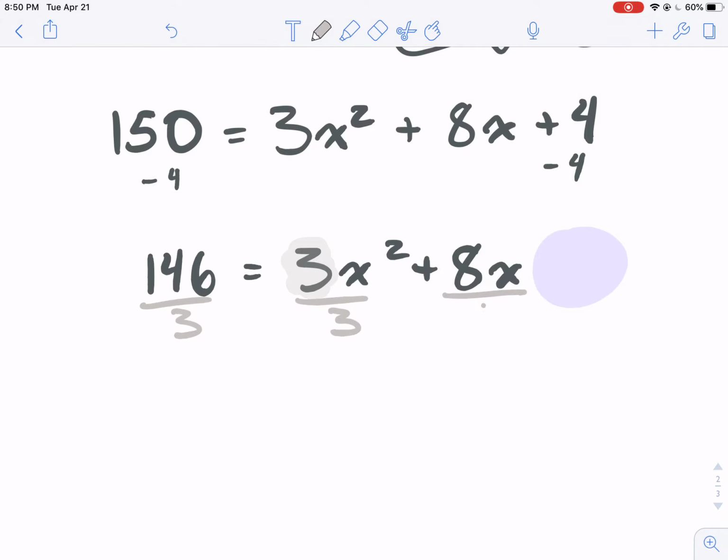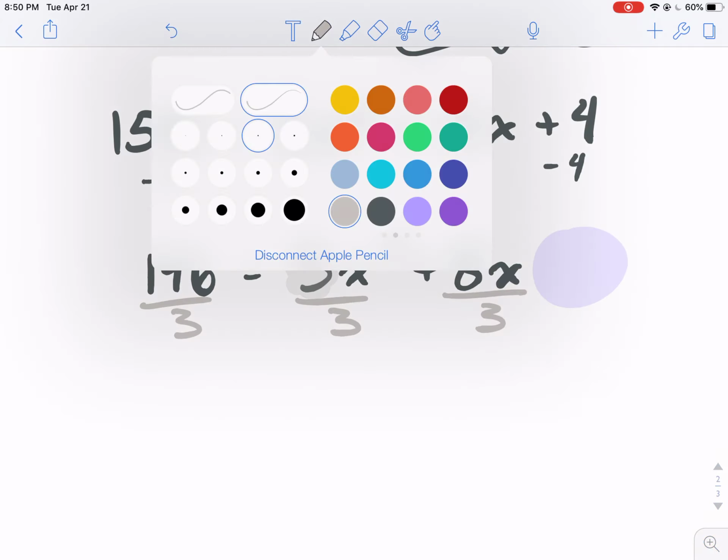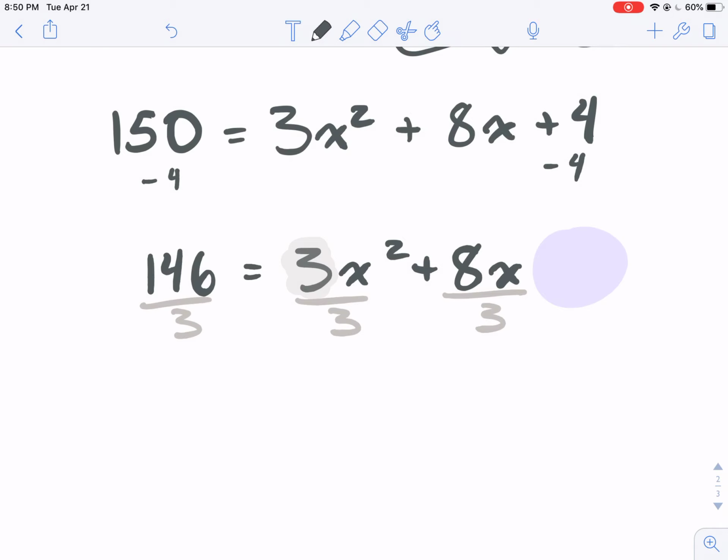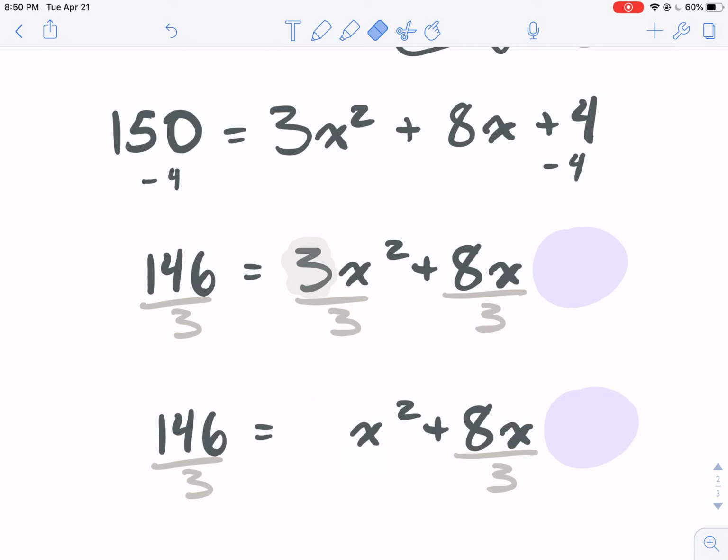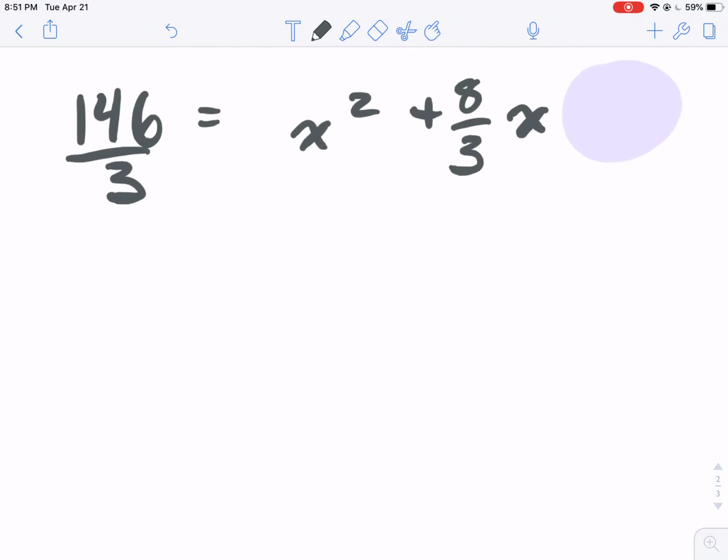It'll make it a lot easier. So that'll give us 146 over 3 equals x squared plus 8/3 x. Cool? Okay, that's much better. Now let's use our shortcut.